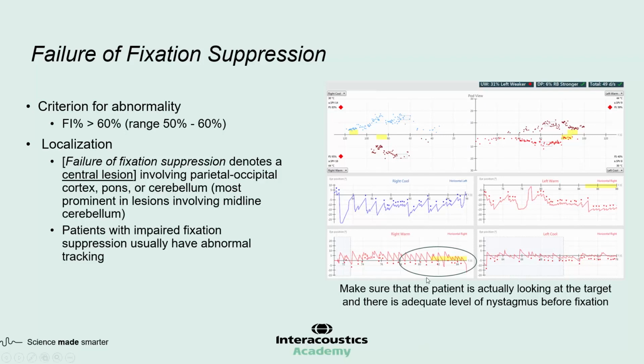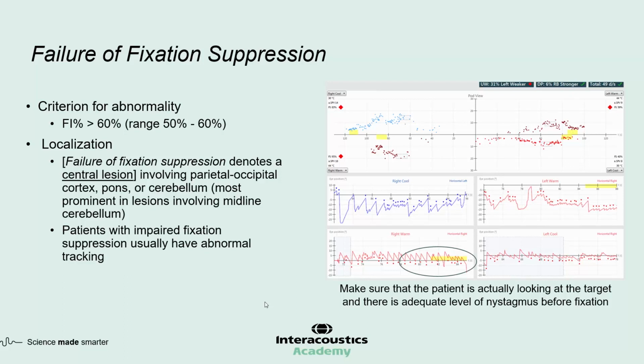In this case, I would have expected a bilateral smooth pursuit abnormality. If it's only one direction of nystagmus, that's seen usually in patients with unilateral tracking or smooth pursuit abnormalities. Now, one thing you have to make sure is that the patient is actually looking at the target.